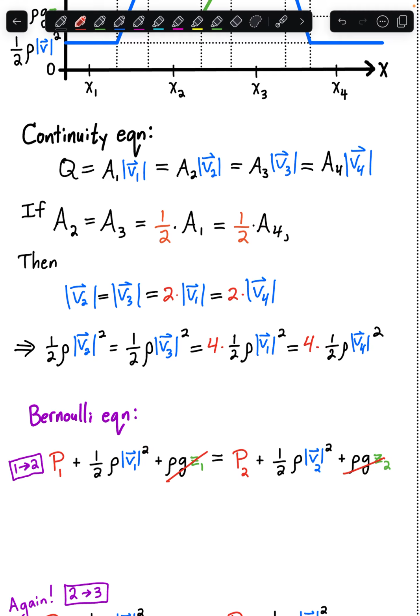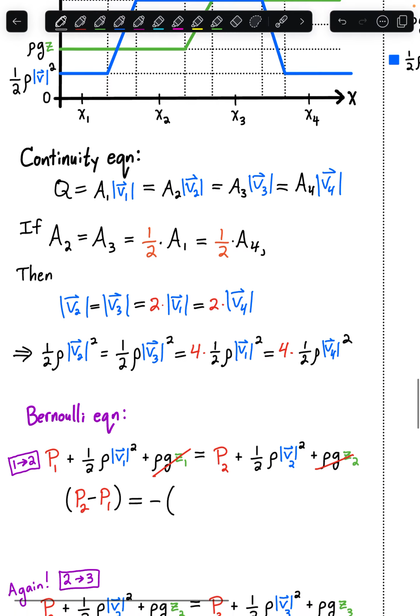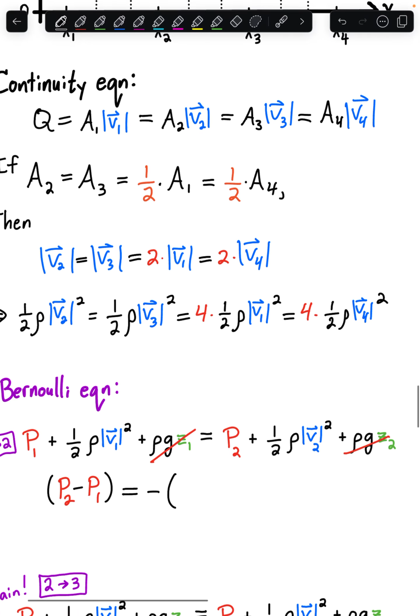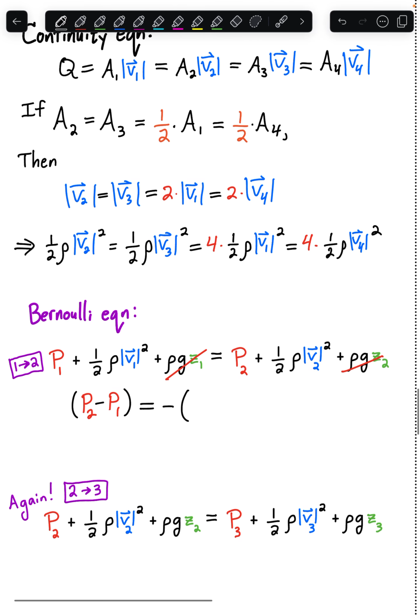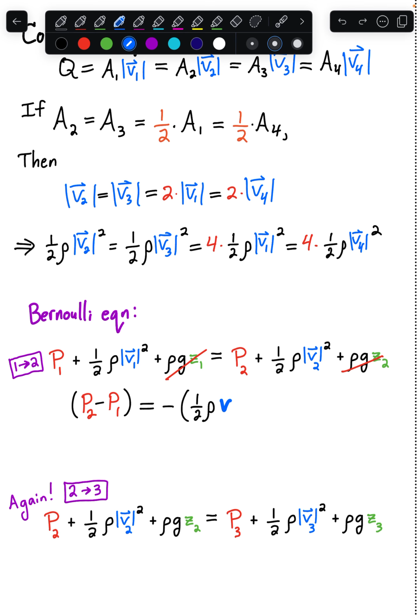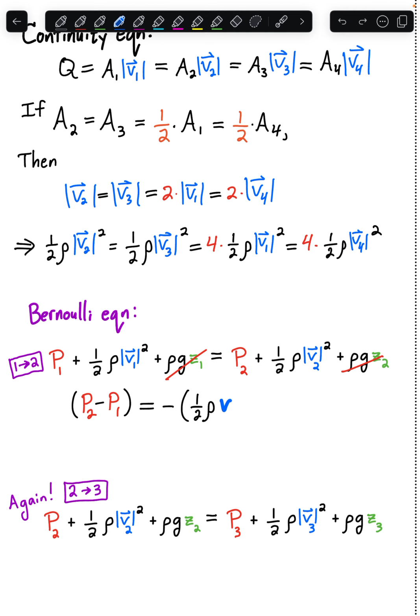So we could then write that the pressure at moment 2 minus the pressure at moment 1, the change in pressure, should be equal and opposite to the change in kinetic energy density, the final value of kinetic energy density minus the initial value of kinetic energy density.